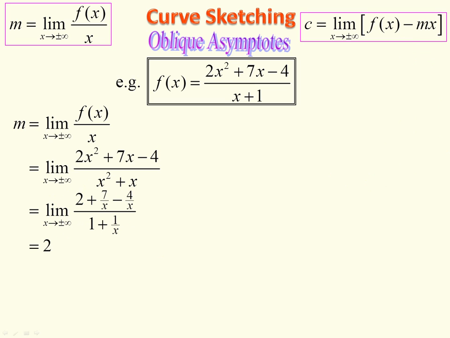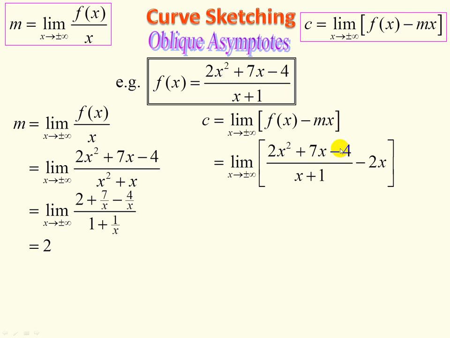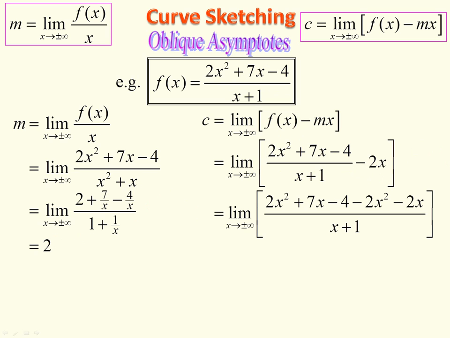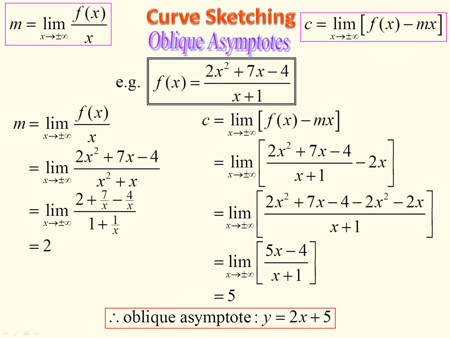Now we're going to use this formula to find the value of c. There's f of x minus mx, 2x. Simplify, there we are. Divide through by x: 5 minus 4 over x, 1 plus 1 over x. 4 over x and 1 over x go to naught as x goes to infinity. 5 over 1 is 5. There is our mx plus c: 2x plus 5.